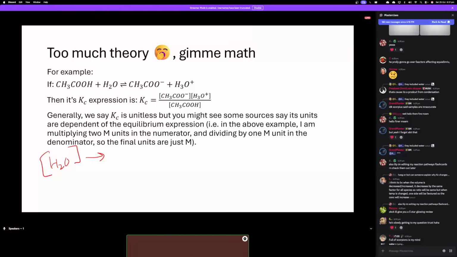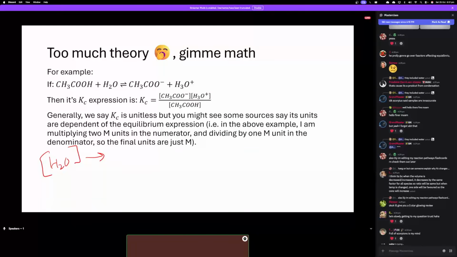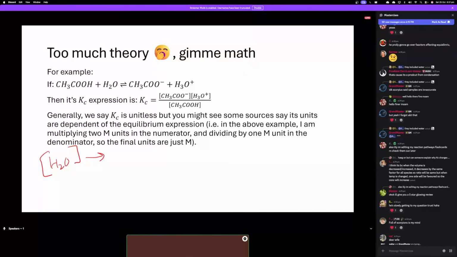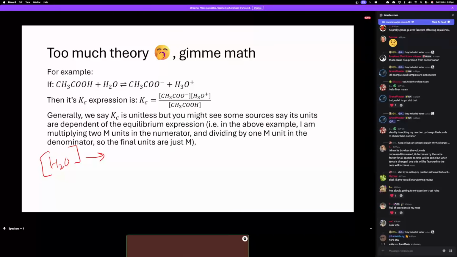KC changes with temperature change, but not with pressure changes. I think I will get to that. They included water. Let's see. Yeah, for the example that someone just sent in the chat, I guess he did just send it, but it was a while back, that's a really good example. Water there isn't being a solvent. If you look at the left hand side, it's alcohol plus carboxylic acid.